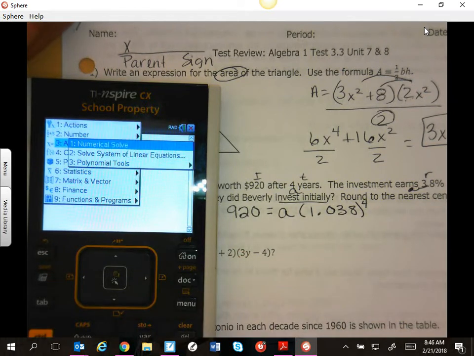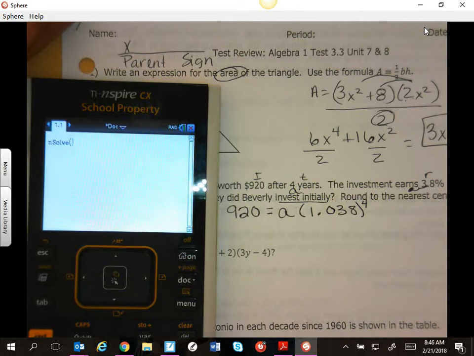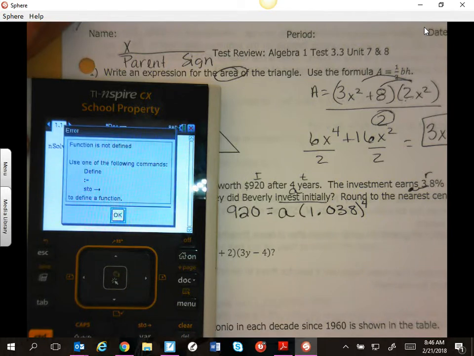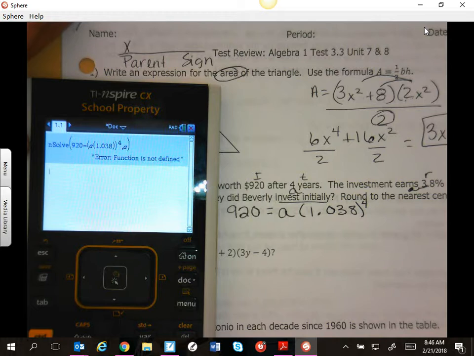Menu 3, 1. I can say 920 is equal to A parentheses 1.038, and then outside the parentheses to the 4th power, comma A. Oh, I did something wrong. Oh, I have a parentheses.